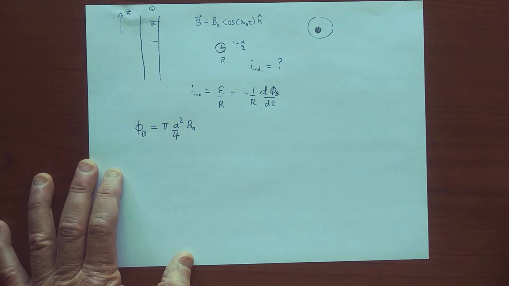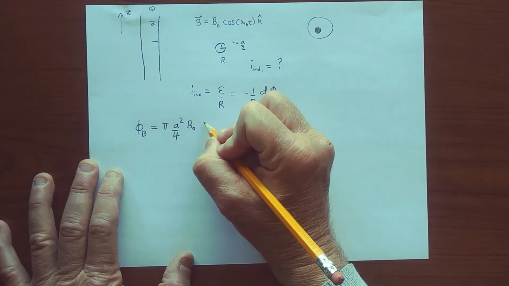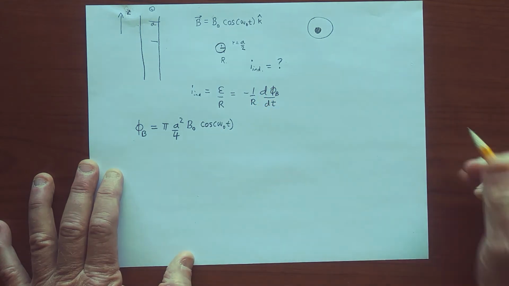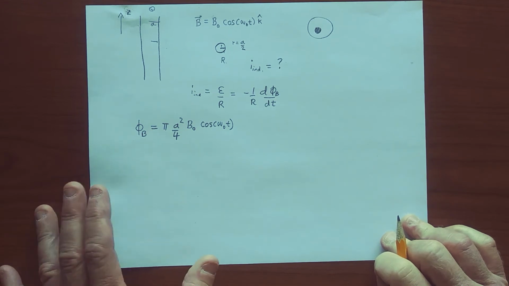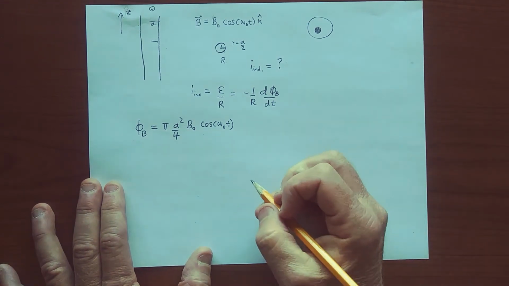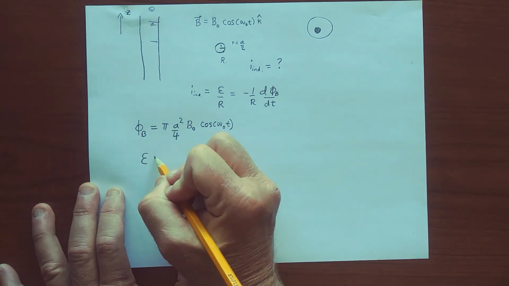That's the flux at t equals 0, but of course the magnetic field changes in magnitude, and so we end up getting the cosine of omega naught times t here. And so the flux is changing with time, and therefore there is an EMF, and it turns out the EMF is also changing with time.